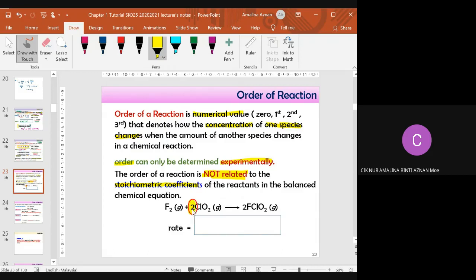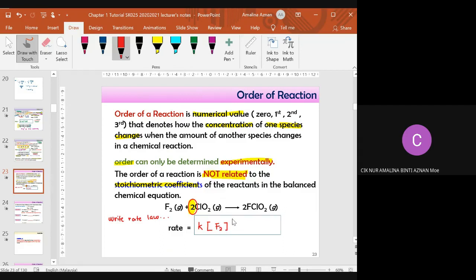So let's say you want to write the rate law. Let's say the question asks you to write the rate law. So how do you differentiate? If it says rate law, we write rate equals rate constant times concentration of the first reactant, which is F2, to the power of its order.